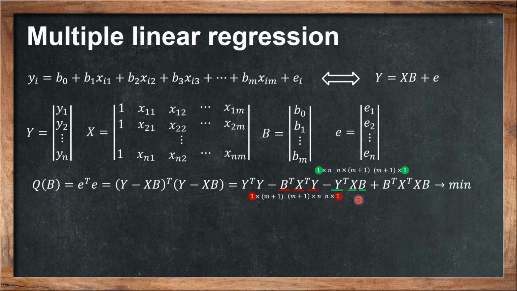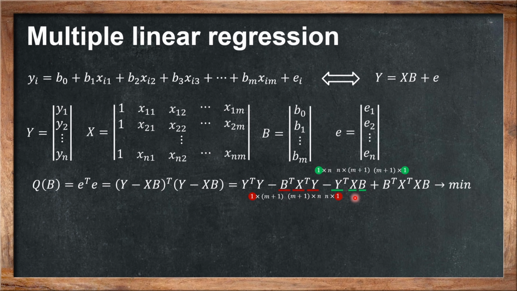If we transpose a matrix containing only one number, it will be the same number. So try to transpose this term. What will it look like? It will look like this. You see? That would be B transpose X transpose times y. So that's how we show that these terms are identical.